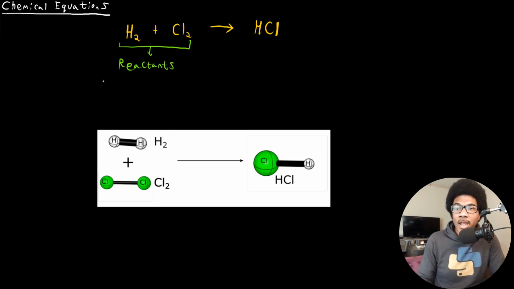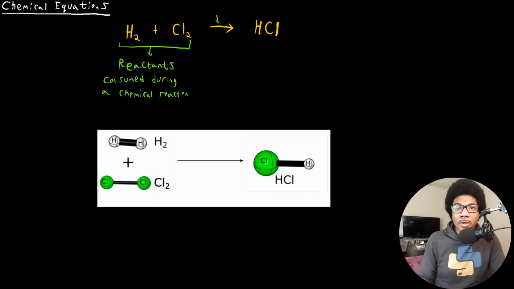So these guys are consumed during a chemical reaction. You could have one compound on this side, you could have two, you could have multiple compounds on this side, right? This is just telling you everything that's involved in a chemical reaction. Everything that you're starting with, everything that's going to be consumed during the chemical reaction.